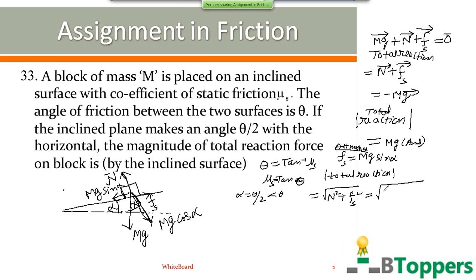So the magnitude of the normal reaction on the block by the inclined surface will be equal to mg cos alpha. The magnitude of the static friction is equal to mg sin alpha when the block is at rest. You can take mg common outside. You can simplify this yourself. Cos square alpha plus sin square alpha is equal to 1 from elementary trigonometry. So you get the same answer, mg.